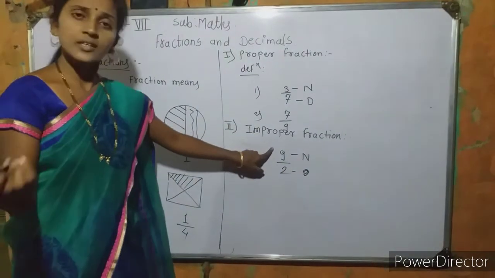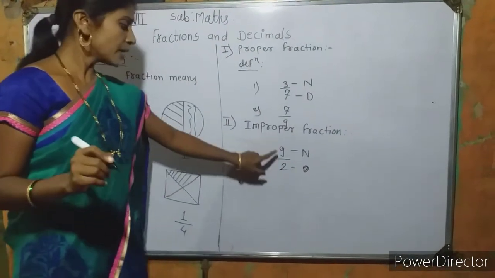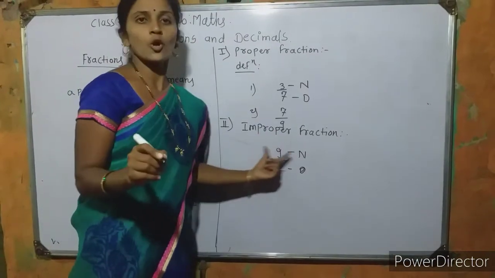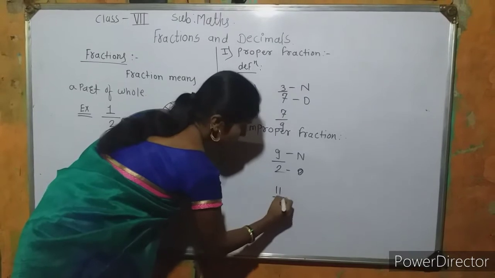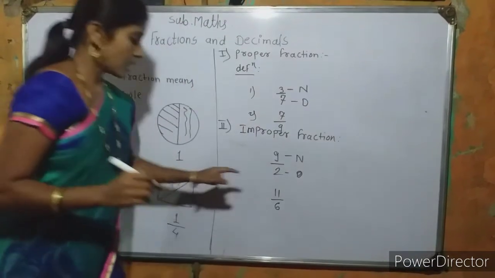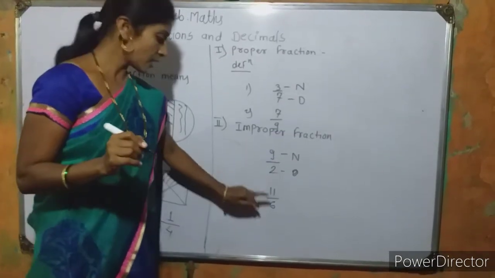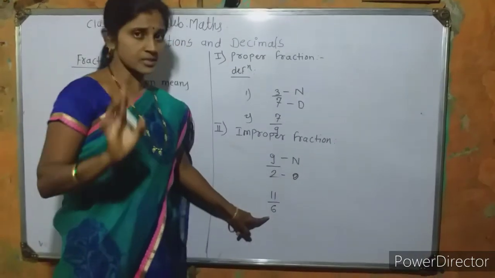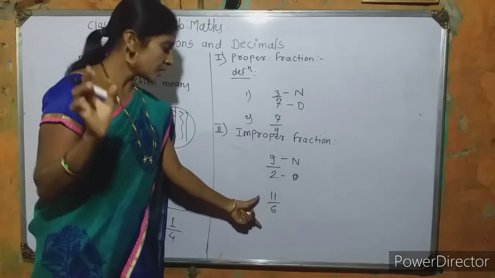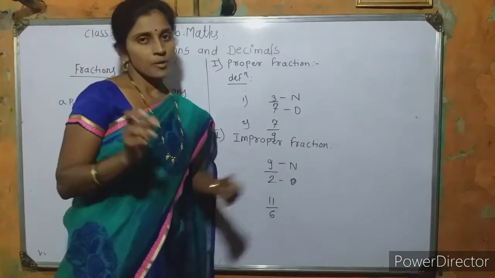That means 9 is greater than 2. So 9 by 2 is an example of improper fraction. We will take one more example, 11 by 6. Here 11 is the numerator and 6 is the denominator, and 11 is greater than 6. That also is an example of improper fraction.